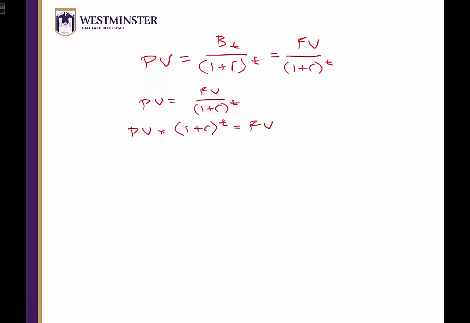And all I've done here is I've multiplied each side of the equation by 1 plus r to the t. When I multiplied it over on the right-hand side, it essentially got rid of it from the right side, and I multiplied the left-hand side. So this is a future value equation, whereas this is a present value equation. It stems from the exact same algebra. It's just we're using it slightly differently.